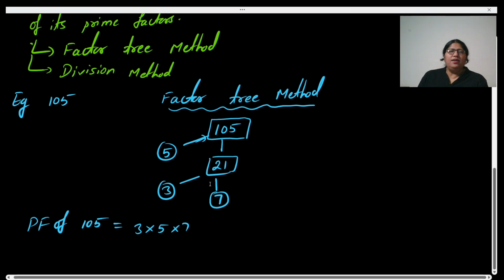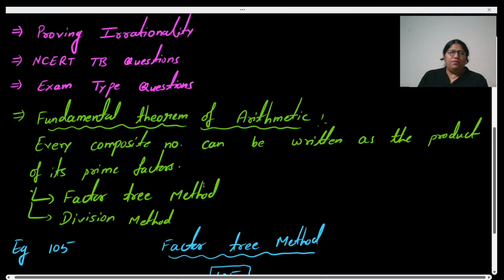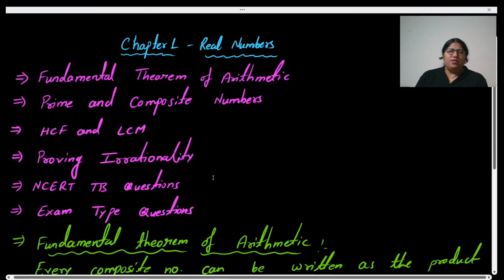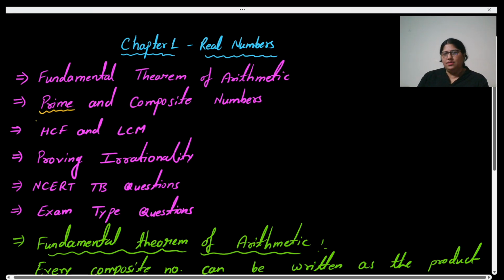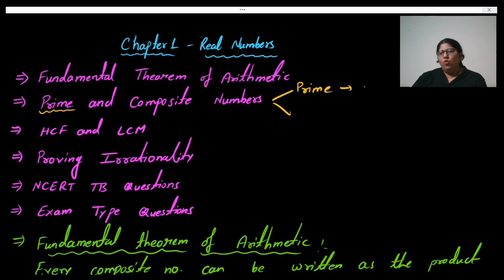Right, now what is the meaning of prime? Because we are doing the fundamental theorem of arithmetic. What is the meaning of prime numbers? You know that any number which has only two factors, right? So prime numbers, how many factors will they have? Only two factors. And what are the two factors?